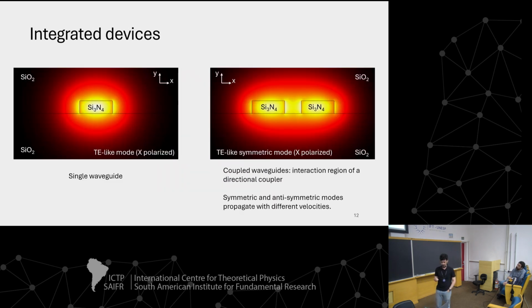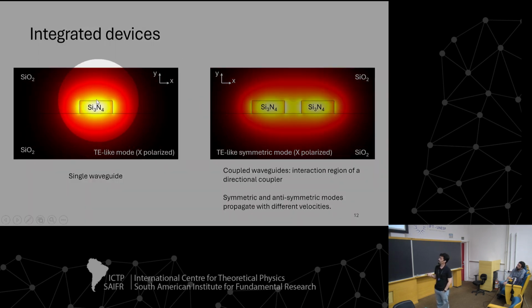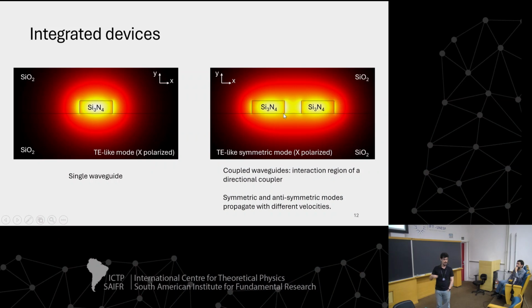But then we go to integrated devices. And so the idea here is to use the waveguides that I've already told you about. The idea is that you have the electrical field confined inside a higher refractive index material surrounded by a lower refractive index material. If you bring two waveguides together, then you can have combined modes or superpositions of modes that become a supermode.